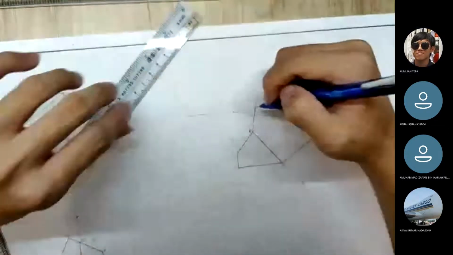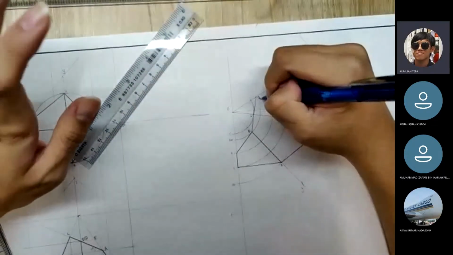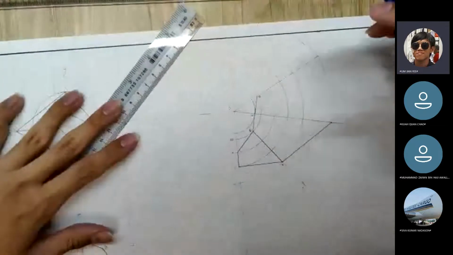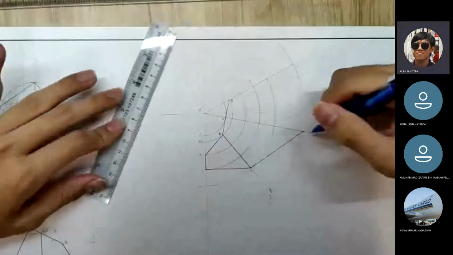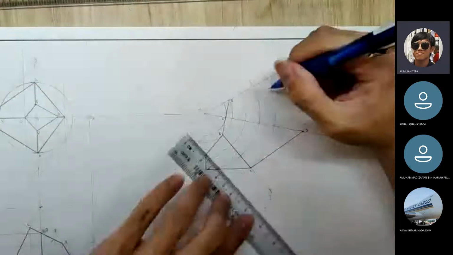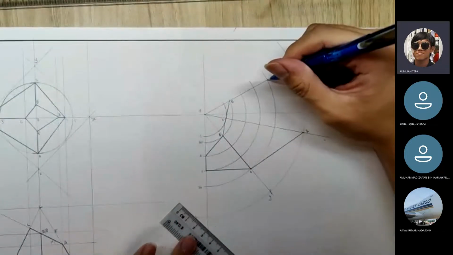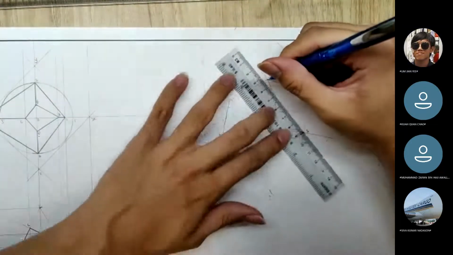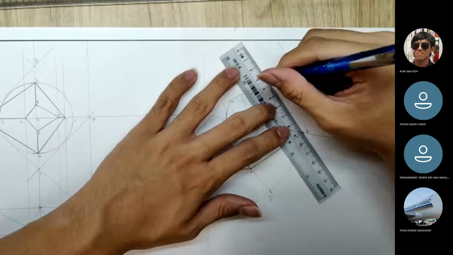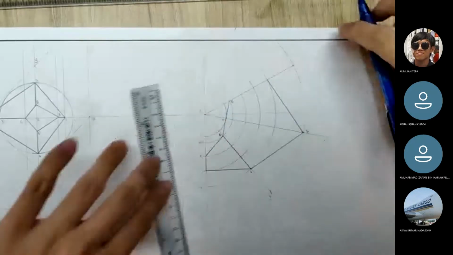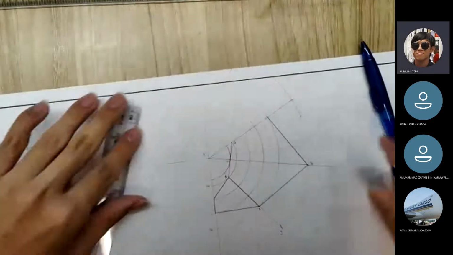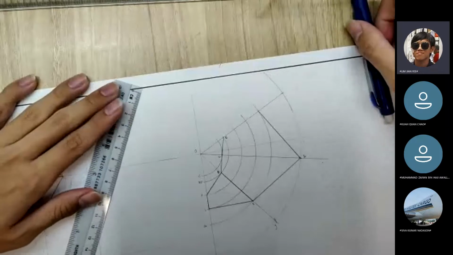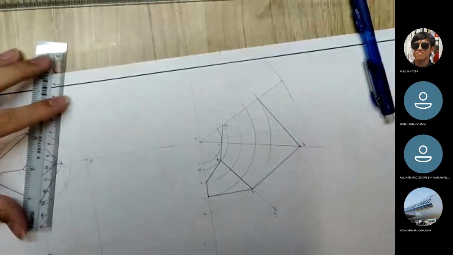Okay. Don't worry, it might look like a straight line, but kind of does. Now, this 3 will connect to 4. 4 is here. Okay. 4 is here. Now for the next one. Okay.